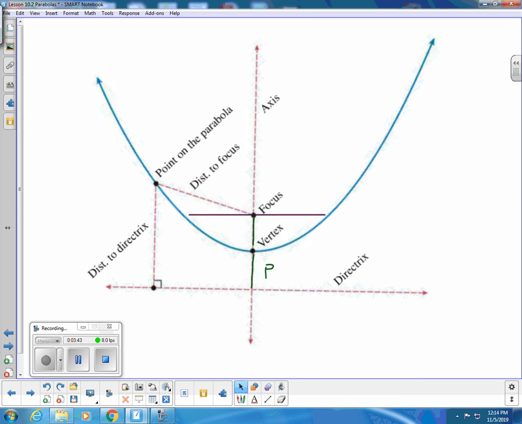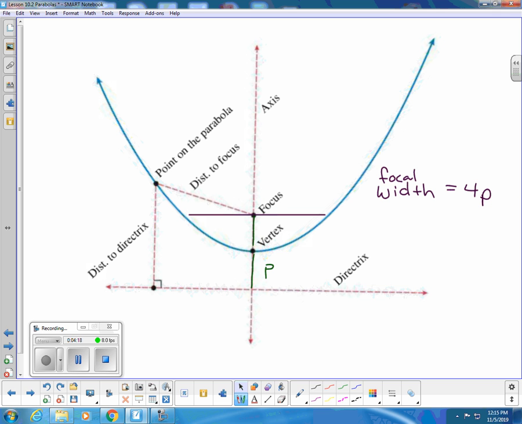The width of the parabola at the focal point is called the focal width. That distance is 4p. So I can take 4 of these little p's and put them in there. Okay. Easy enough?